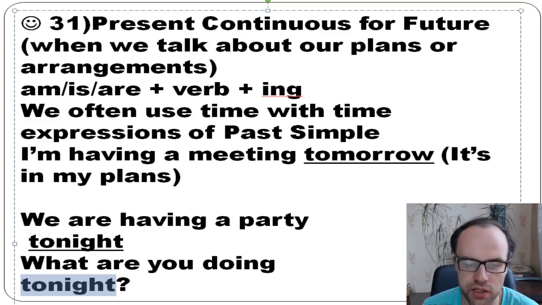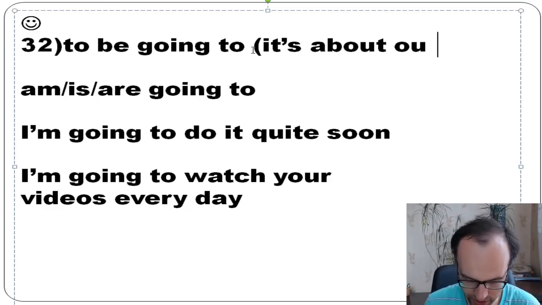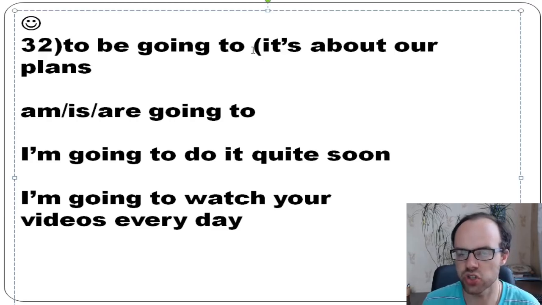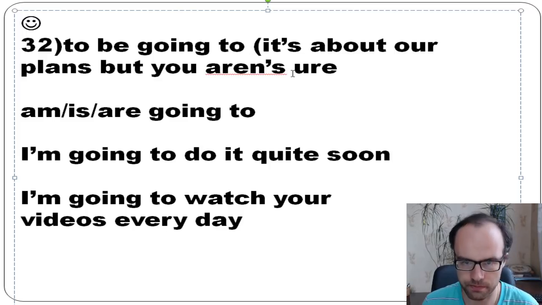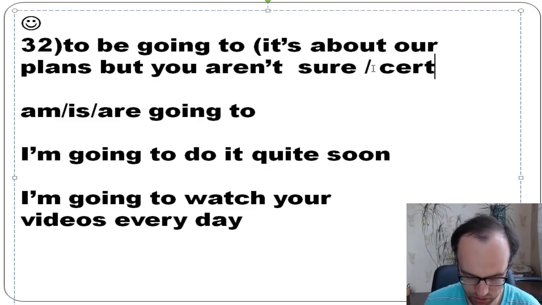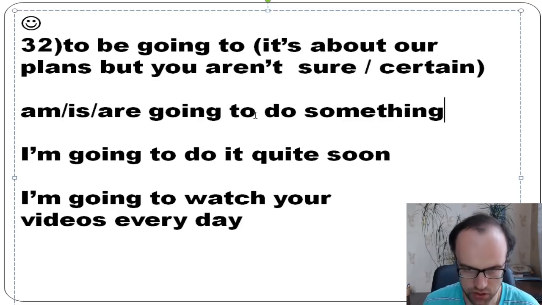Well, we can use one more very popular structure. It's to be going to. It's about our plans, but you aren't sure, you aren't certain. And we form it this way: am, is or are going to do something.